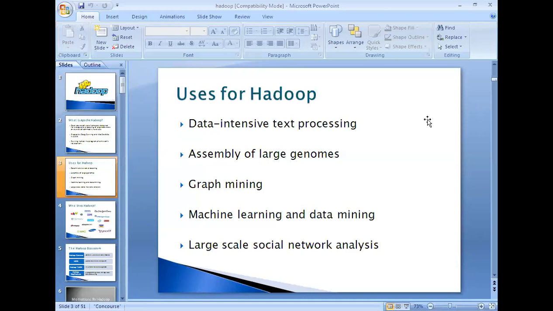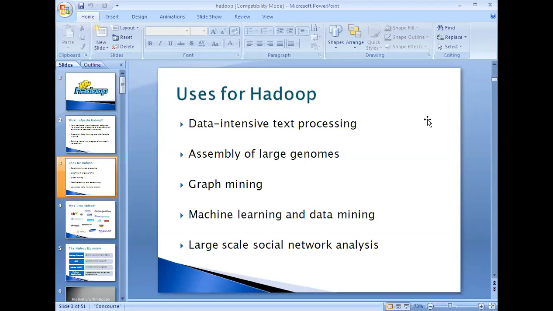You might have observed that the genome changed its behavior in 56 ways, as we read in news articles and reputed journals. This is big data. Hadoop is also used to analyze such data for predicting changes in genomes. Also graph mining, machine learning and data mining, and large scale social network analysis like Facebook and Twitter all use this Hadoop framework.